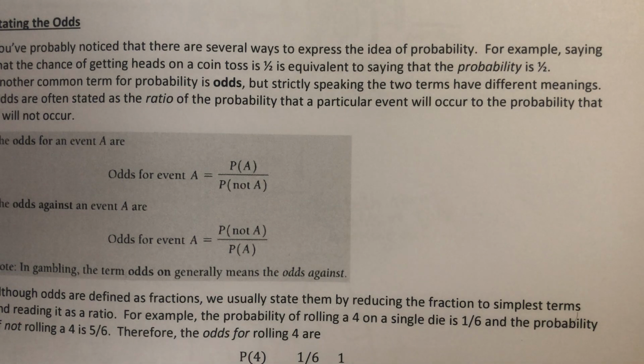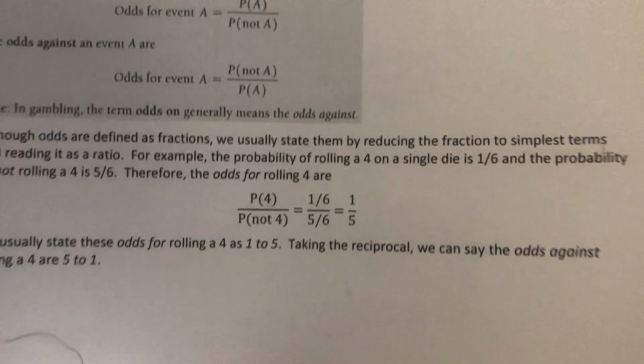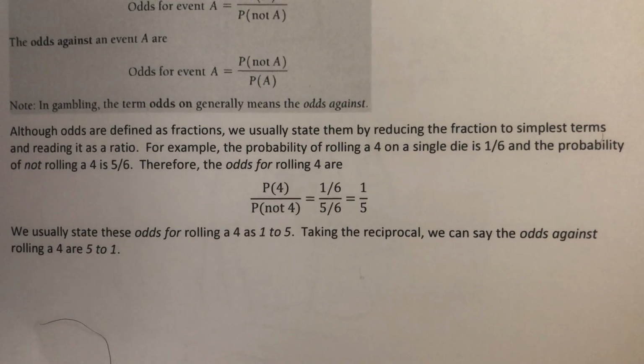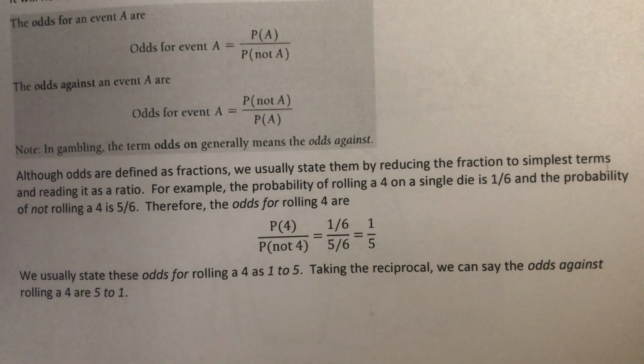All right, so I want to know what are the odds of rolling a 4 on a 6-sided die. So the probability of rolling a 4 is 1 out of 6. The probability of not rolling a 4 is 5 out of 6. In every single case, the denominator is going to cancel.